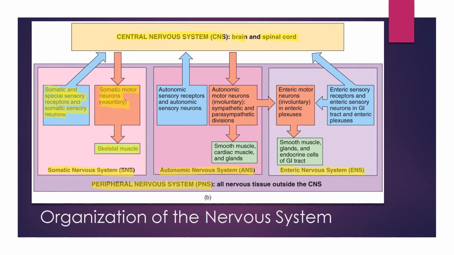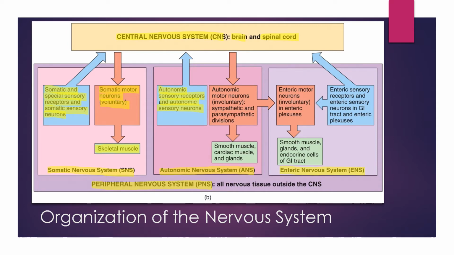The autonomic nervous system, abbreviated ANS, consists of sensory neurons that convey information to the central nervous system from autonomic receptors. Things like breathing rate or heart rate, things that we don't consciously perceive really, are going to be sent by the autonomic nervous system.